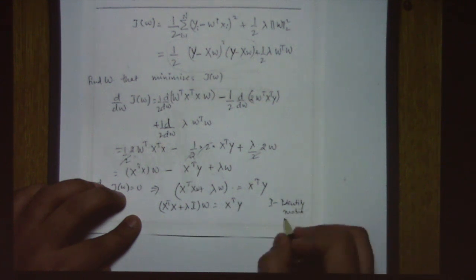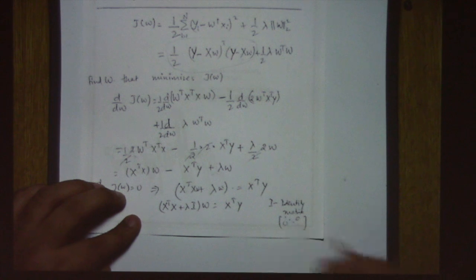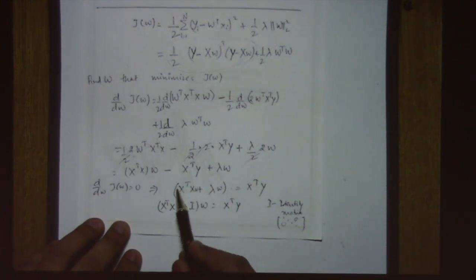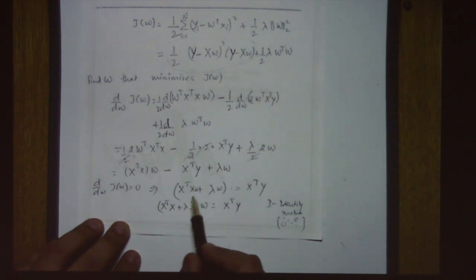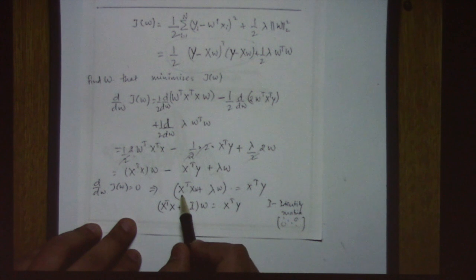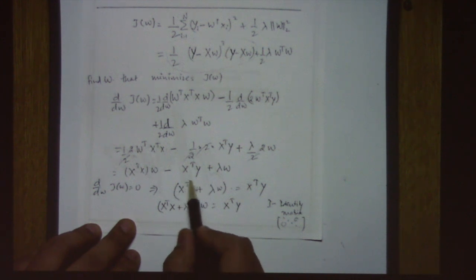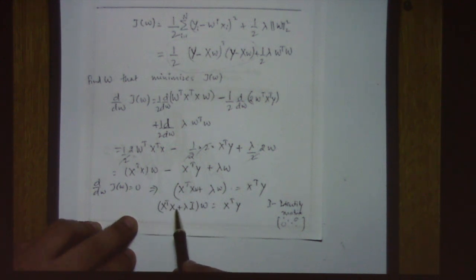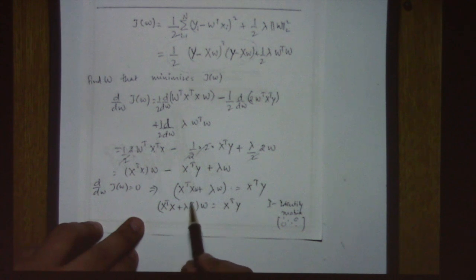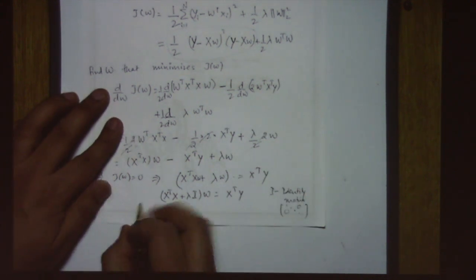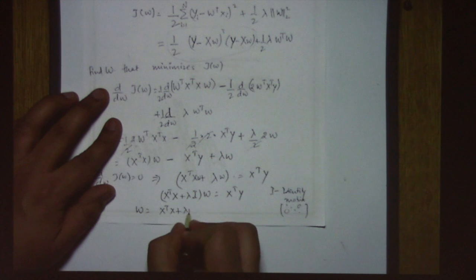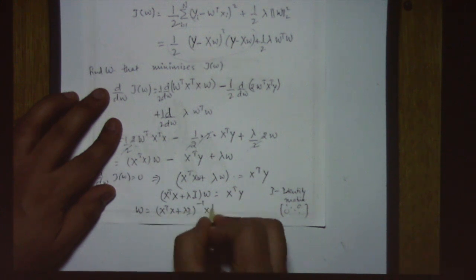Identity matrix is basically a matrix with all zeros, just ones in the diagonal. To multiply anything with I, you get the same thing back. The reason we get that I is because this thing is a matrix, D cross D. If I don't put the I, then you are basically adding a scalar to a matrix. That won't work. So that's why you put an I. And so W becomes X transpose X plus lambda I inverse, times X transpose y.